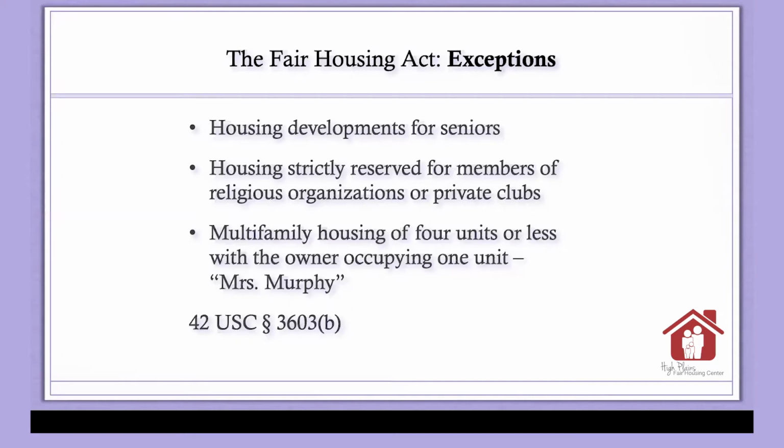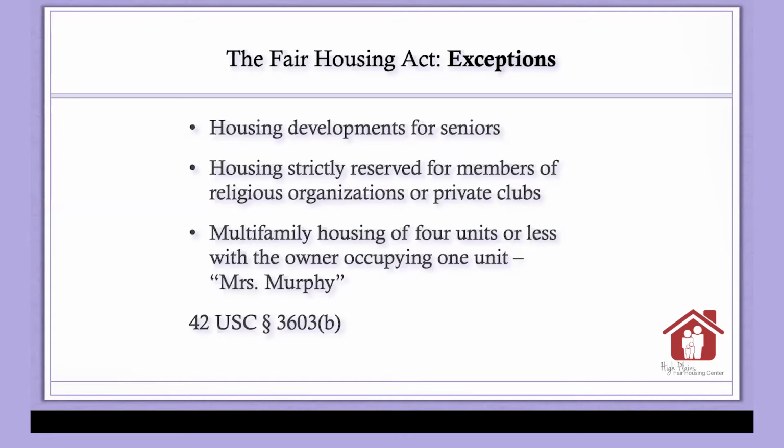As long as those are met, then the housing developments for seniors are excepted from the familial status provisions. Those are the provisions that forbid discrimination based on having someone who's a child in the household. So housing developments for seniors, if they qualify, can discriminate against families with children. They're not exempt or excepted from the other forms of anti-discrimination requirements.